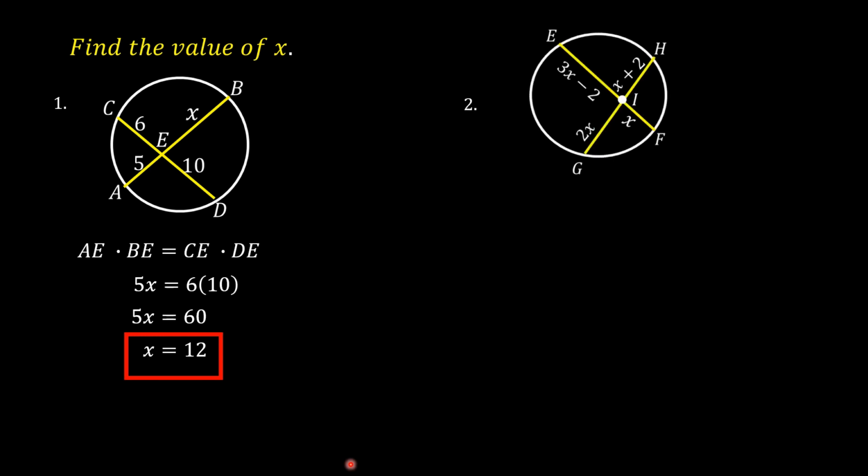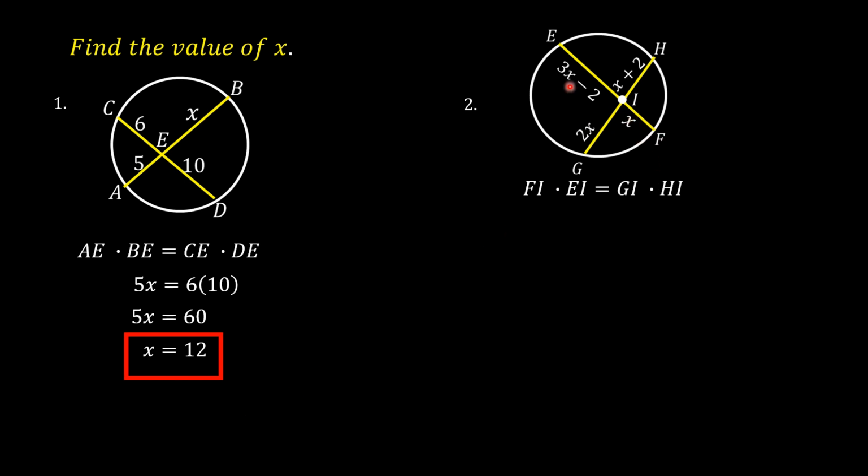Number 2. In this circle, the chords GH and FE intersect at point I, which is in the interior of the circle. So we can apply the chord chord power theorem.